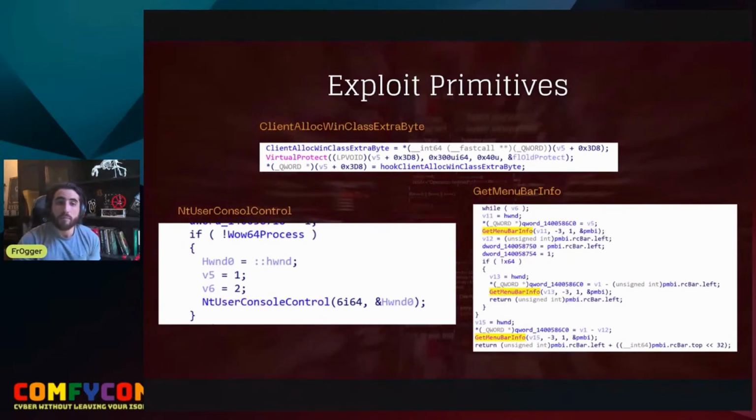This one will be used to convert the malicious window into a console window, and it will be used for the type confusion vulnerability part of this exploit. And we also have GetMenuBarInfo, which is another primitive that will be used to exploit the out-of-bound vulnerability.